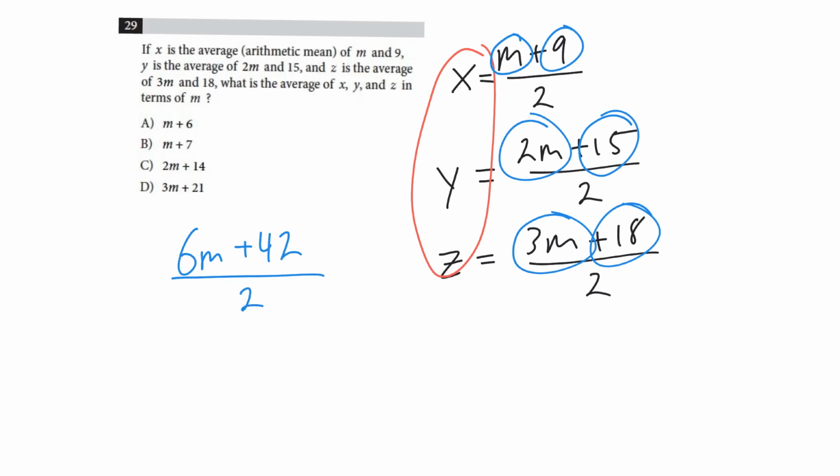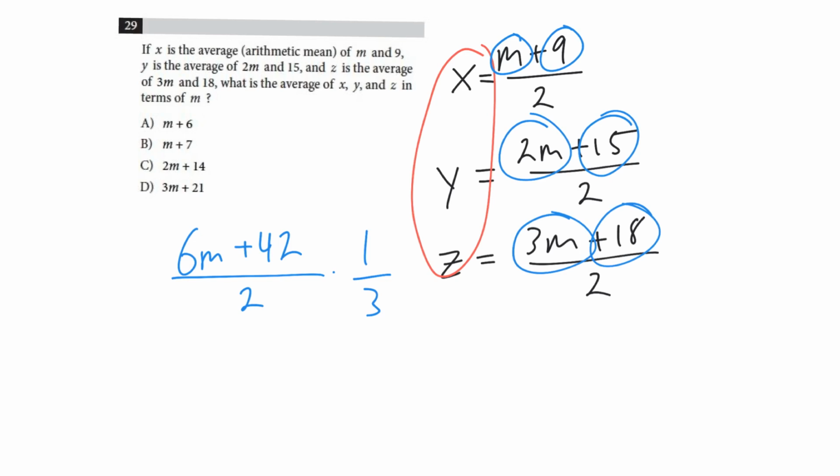That is the sum of those three values, and I want to take the average of them. So I already added them up, I'm going to divide by 3 or multiply by 1/3.